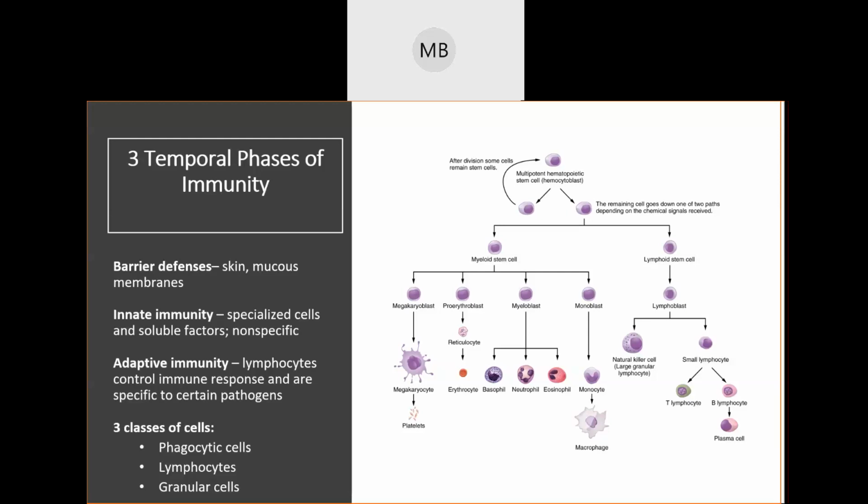They're the ones like your neutrophils that are phagocytic cells and just wander around looking for pathogens, and then eat them, essentially. They're going to inhibit the spread of invaders into your body, so prevent things from getting in and spreading.